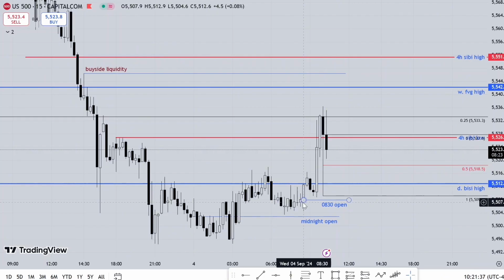So after the 8:30 opening, price rallied higher and left an imbalance here. And then we traded back down inside of this imbalance here.